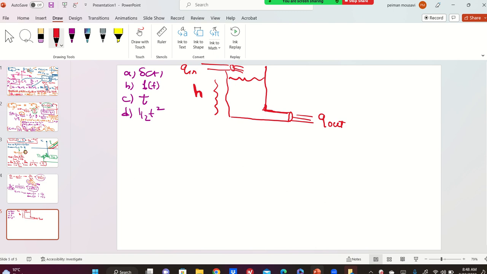So you know that here is a resistance for the fluids, right? So that's why we are showing it like a resistance, like a valve here, okay? So we are saying that resistance of the tank is like the resistance of the electric circuit, okay? And obviously you know that a tank of water has a capacity, like the capacitor of the RC circuit. We are showing it as C tank, CT.